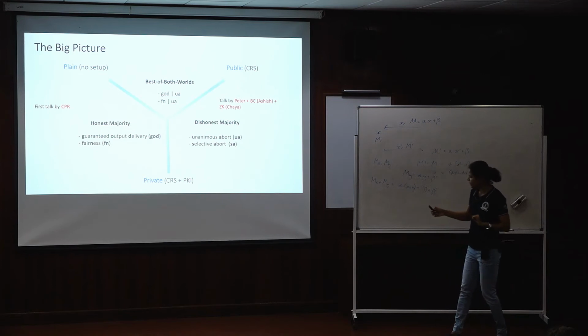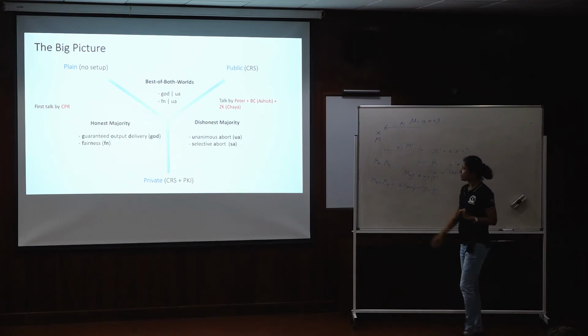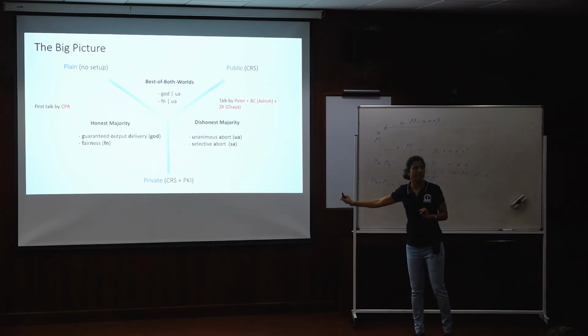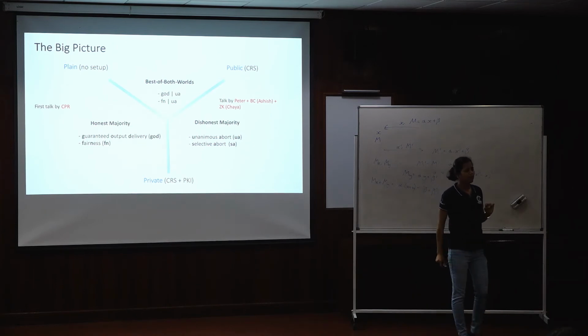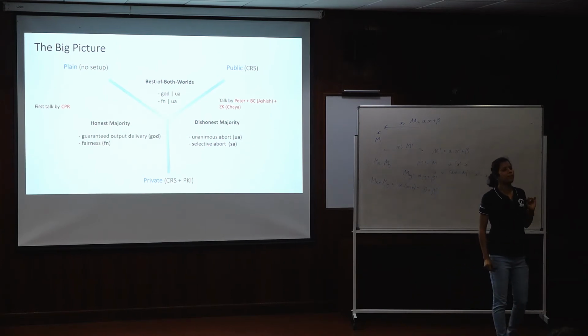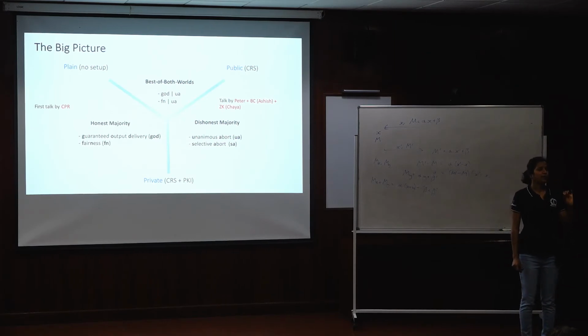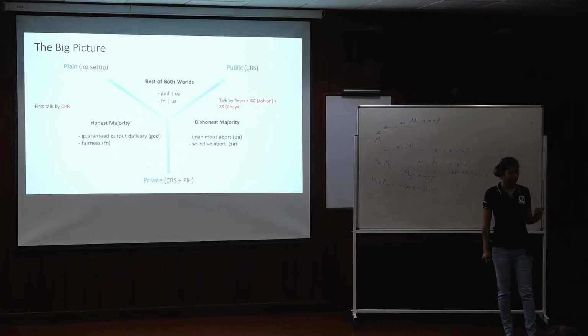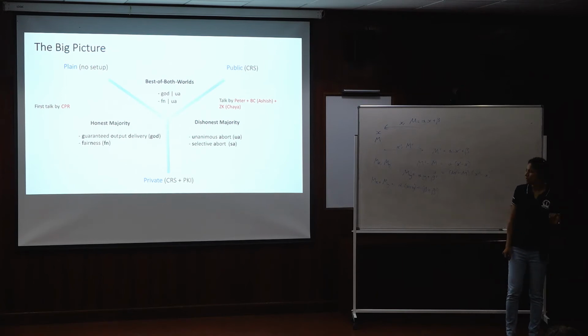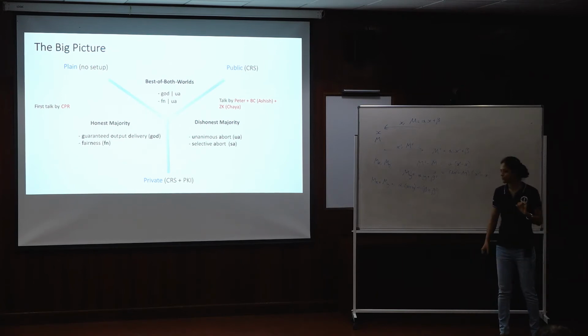And the last one is called the private setting. Here, apart from the public information called CRS, we also have a public key infrastructure, and by PKI I mean that every party will be associated with a public key and secret key pair. The public key will be known to everybody, but the secret key will be possessed by just that party.